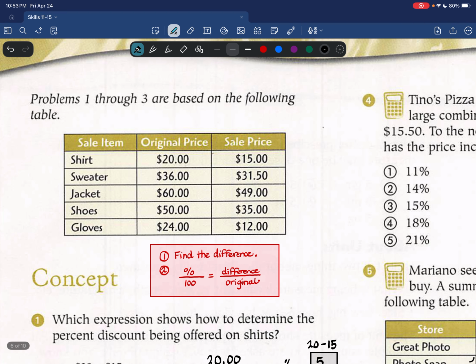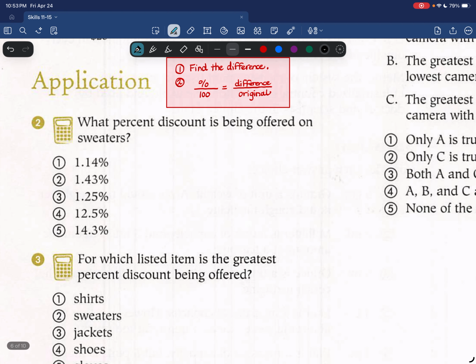So I look up here, it's $36 and $31.50. $36 is the original. $31.50 is the sale price. And since I'm supposed to use a calculator, I'm going to, just so that I am seeing what you're seeing. But if you can subtract that in your head, that is fine. You will get 4.5. That's $4.50 difference.